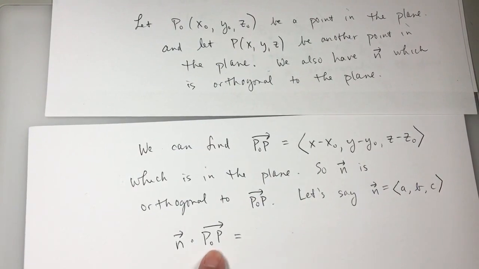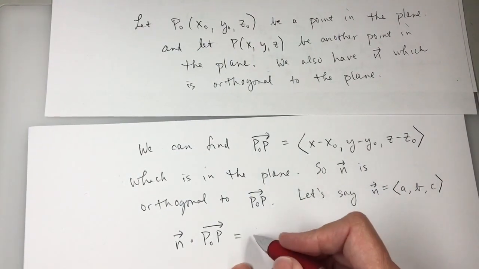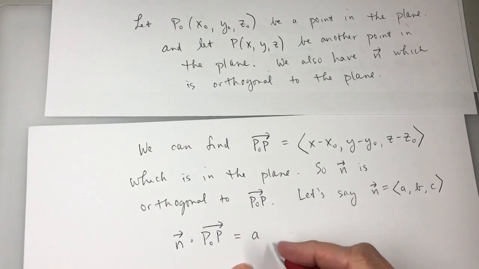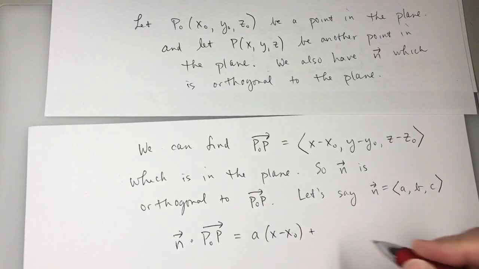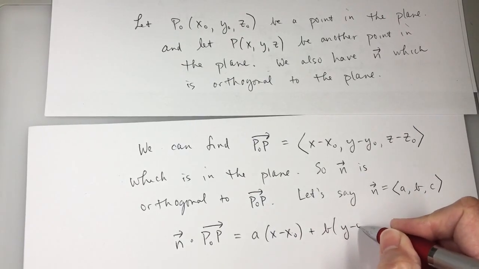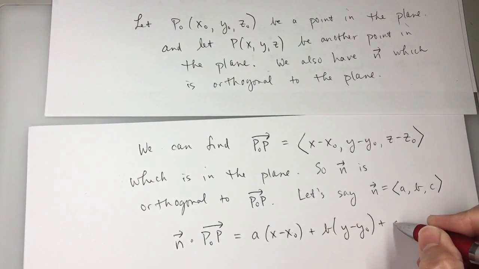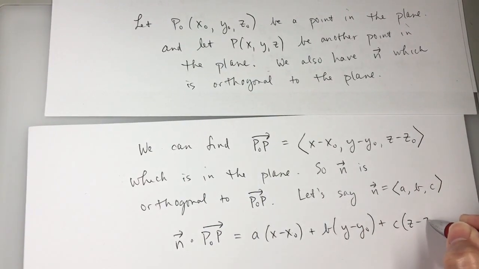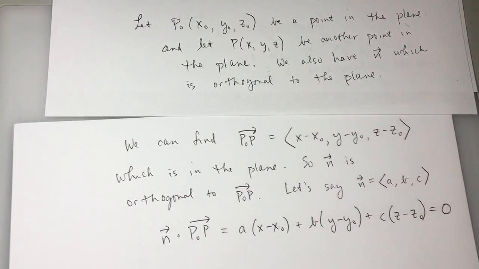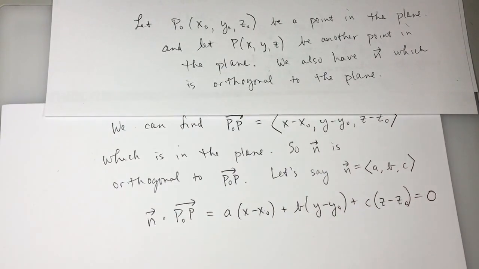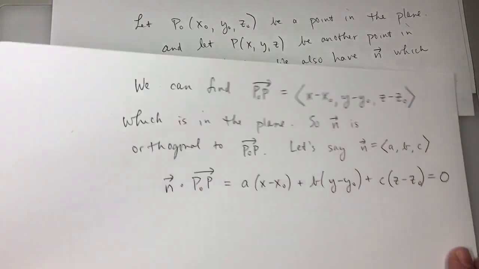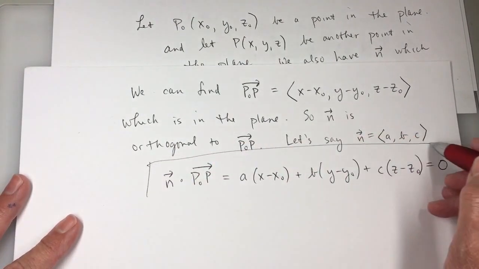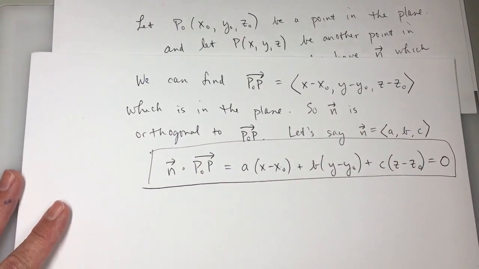So n dotted with P naught P would be A times x minus x sub 0 plus B times y minus y sub 0 plus C times z minus z sub 0, and that equals 0 because the dot product of two perpendicular vectors is 0. There's the equation of the plane right there. I'll give it to you in the form that your book has it.